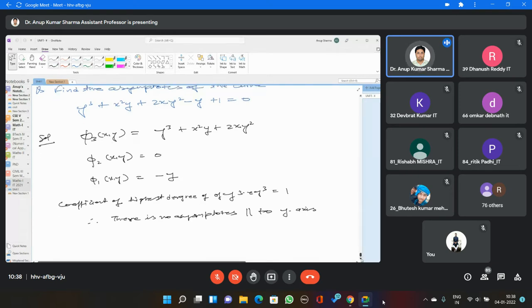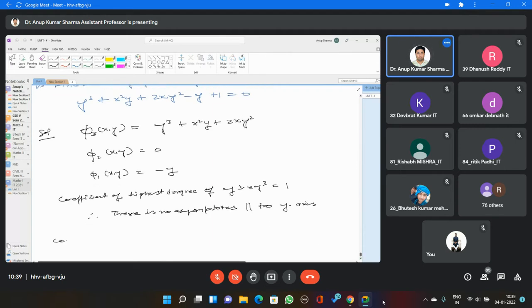Similarly, when we come to the coefficient of the highest degree of x, here 2 times: x square and 2x. The highest power of x is 2, and its coefficient is y. Now we will have some asymptotes.